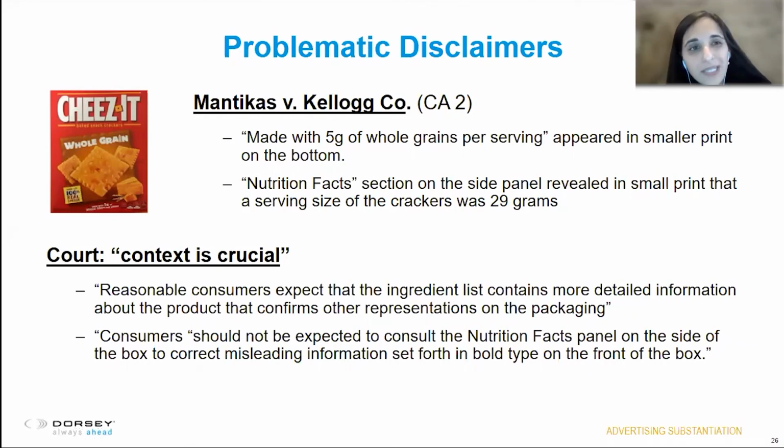Well, actually, if you looked at the ingredients, white flour is sort of the first ingredient, and it only had a certain number of grams of whole grain in it, and it was farther down the list of ingredients. Consumers shouldn't have to search and look at the back of the box for correct information. No searching should be necessary. It should be upfront. That's the main takeaway of this case. And we'll go to the next one.